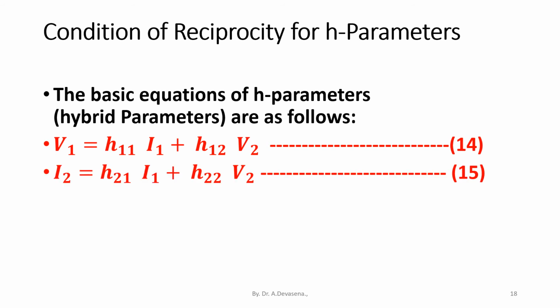Then I2 is equal to h21 I1 plus h22 v2. This is equation 15. That is, output current I2 is a function of input current I1 and output voltage v2.